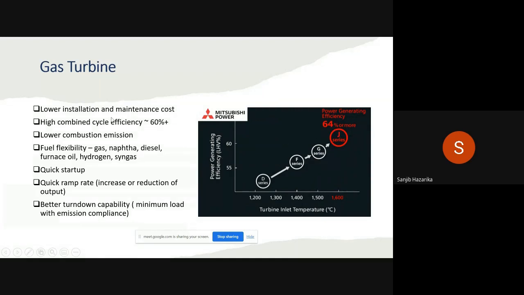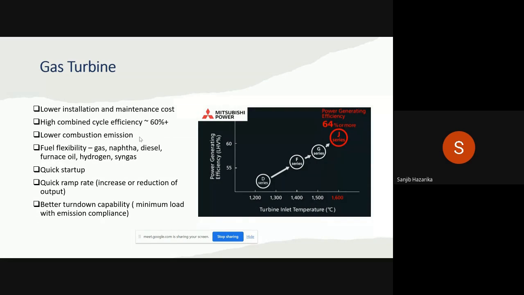And going through the advantages of gas turbines, if we compare with other plants, the installation and maintenance cost of gas turbines is very low. The combined cycle efficiency is significantly high, emission is lower, and the gas turbine has very good fuel flexibility. It can run on gas, naphtha, diesel.